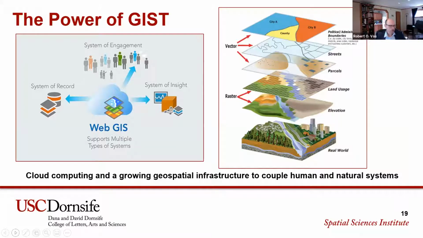Next slide, please. And so this power of GIS is really to couple human and natural systems in cities, right? You have some systems in the cities that are physical infrastructure, the things that cities have built and put in place. There are other systems that are natural systems, where the rivers would have flowed historically, where the opportunities for biodiversity are.